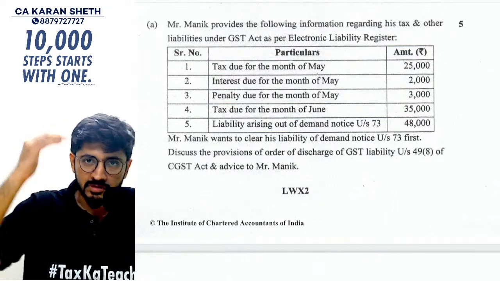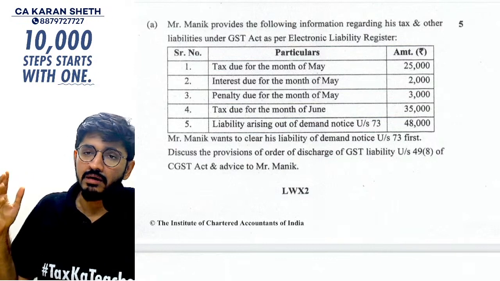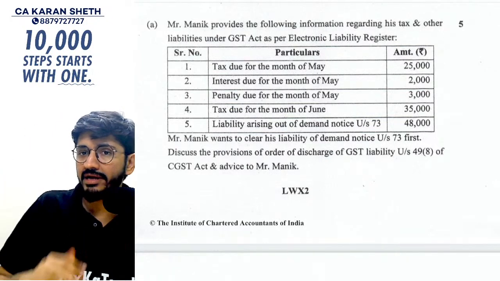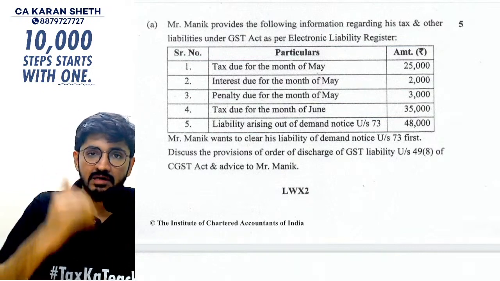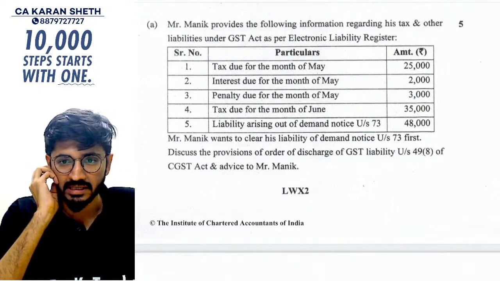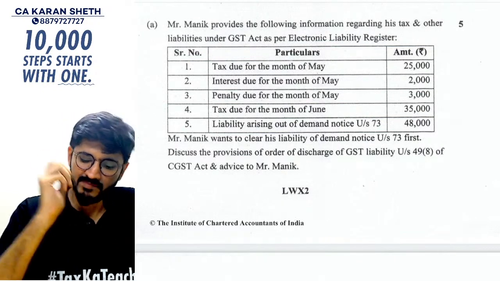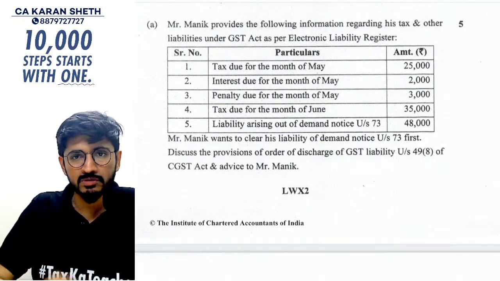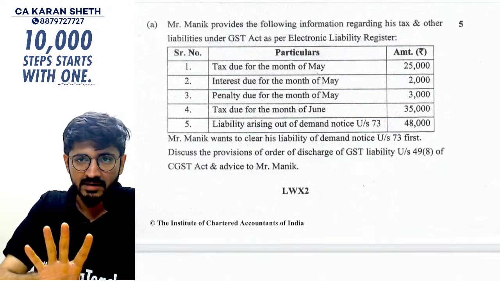Got it? So this is the way in which he will have to discharge liability. He cannot directly go ahead and discharge the demand notice liability. Is that very clear? Yes, it will be the same order, and there is no separate order for 1, 2, 3. 1, 2, 3 itself is one only, understand?